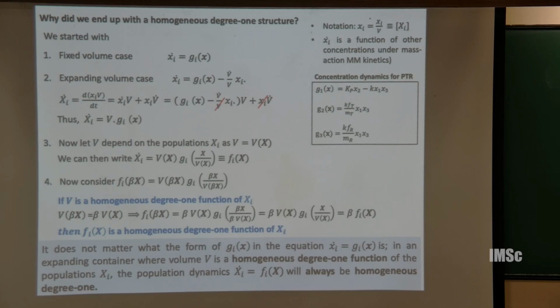I have solved the first two problems of balanced growth and exponential growth, and I've told you when and why those two properties will arise. But I have not shown you that growth laws arise. I have not shown you that when bacteria divide, they have the adder property.